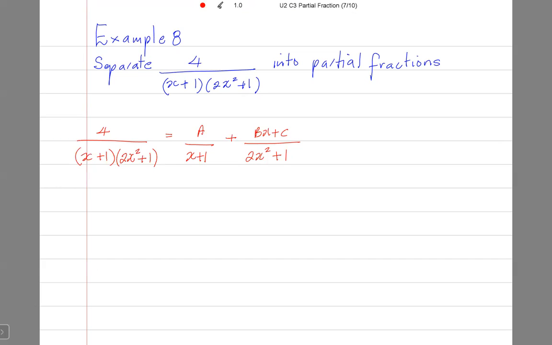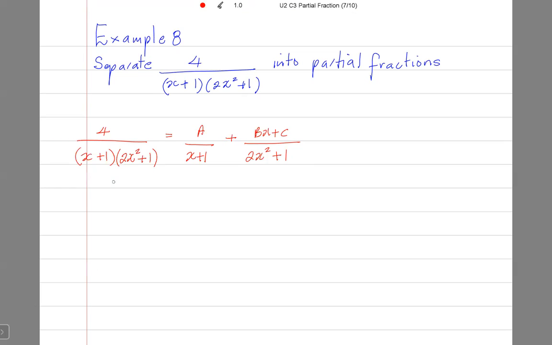If it was more than one of them, the first one would be Bx plus C, the second one would be Dx plus E, something like that. So I'm going to get rid of the fractions by multiplying the entire equation by the denominator on the left.